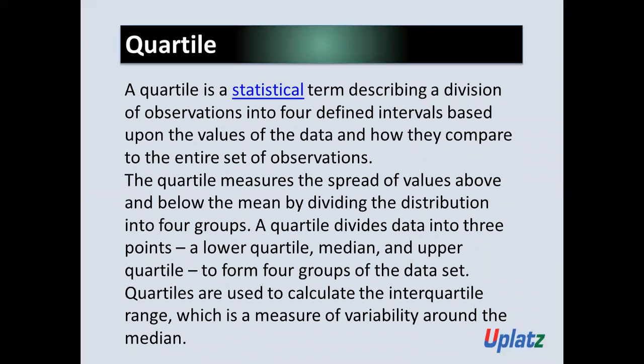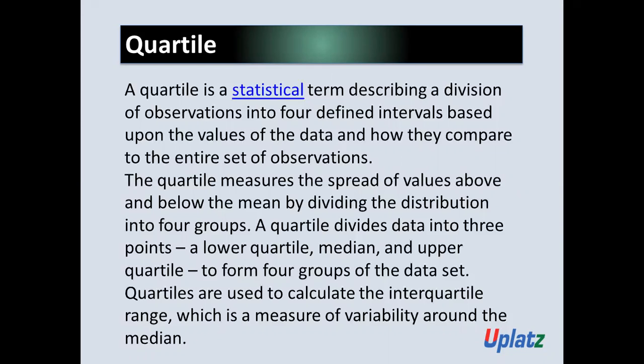A quartile is a statistical term describing a division of the observations into 4 defined intervals based upon the values of the data and how they compare to the entire set of observations. The quartile measures the spread of the values above and below the mean by dividing the distribution into 4 groups.